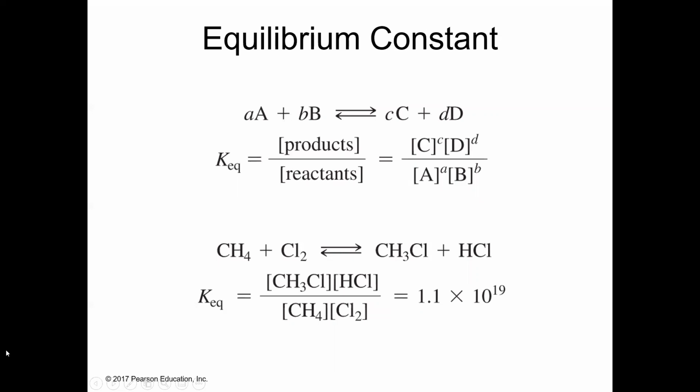The coefficients in this particular reaction are all 1. So it's products, chloromethane times HCl, over methane times chlorine. And we can see that the equilibrium constant is a very large number. It's 1.1 times 10 to the 19. So that tells you this goes all the way to product. It goes to completion.